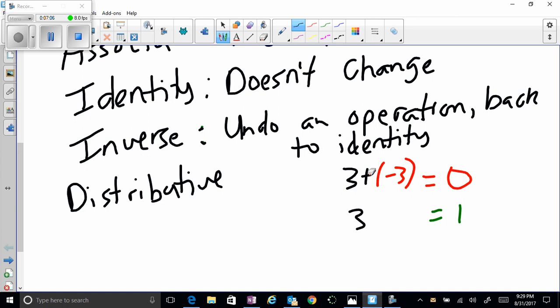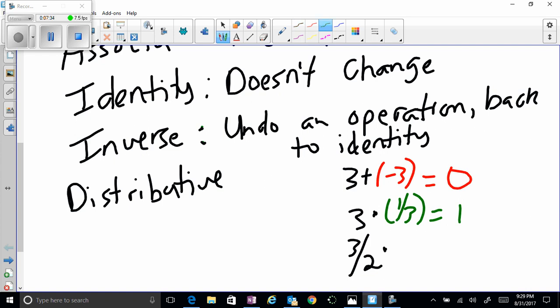So now for the multiplicative side, you would want to multiply by what we call the reciprocal, which is you flip it. So 3 times 1/3 will get you back to the identity. Remember 3 is like 3 over 1. If you flip it, it'd be 1/3.